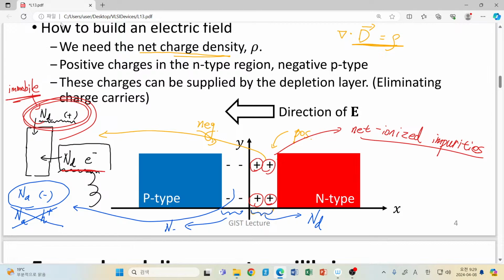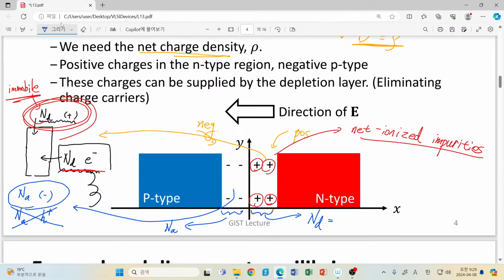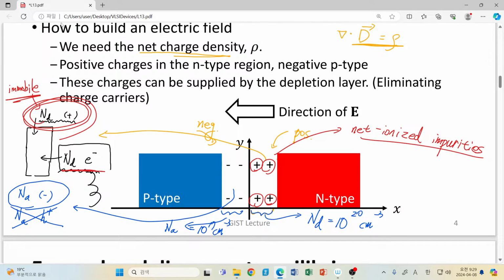It is done by our acceptor density. However, we must have the perfect balance between these two layers. So now think about this. One is, for example, 10 to the 20 per cubic centimeter, and Na happens to be 10 to the 17 per cubic centimeter. A 1,000 times difference in their doping densities.